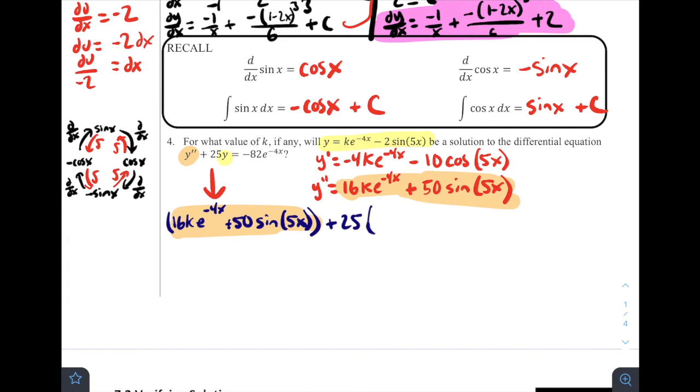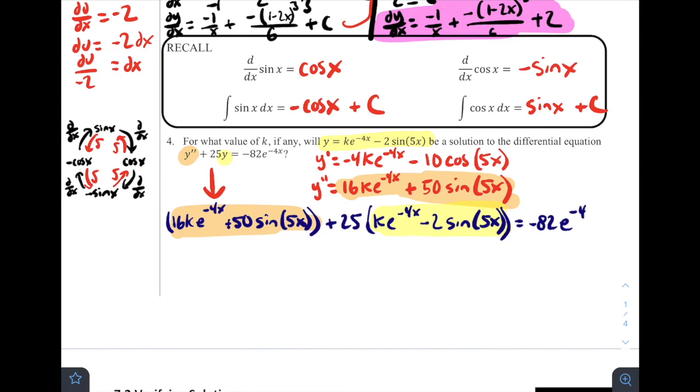So that is k e to the negative 4x minus 2 sine of 5x. And I'll highlight that here in yellow, what we just substituted in. And they're saying that that's going to equal negative 82 e to the negative 4x.